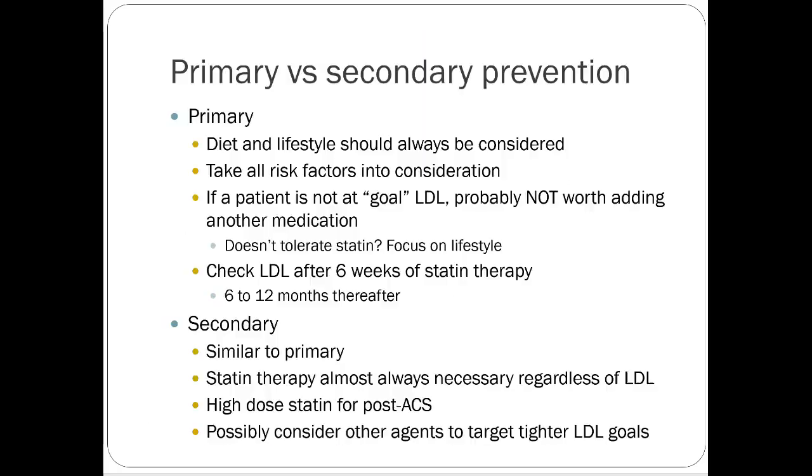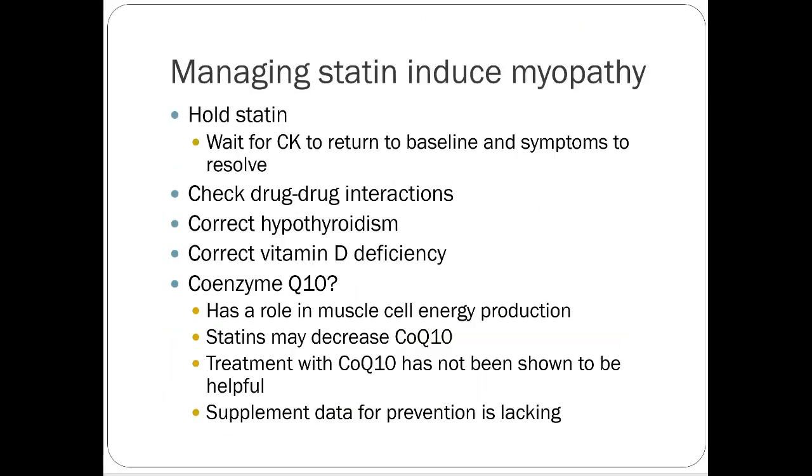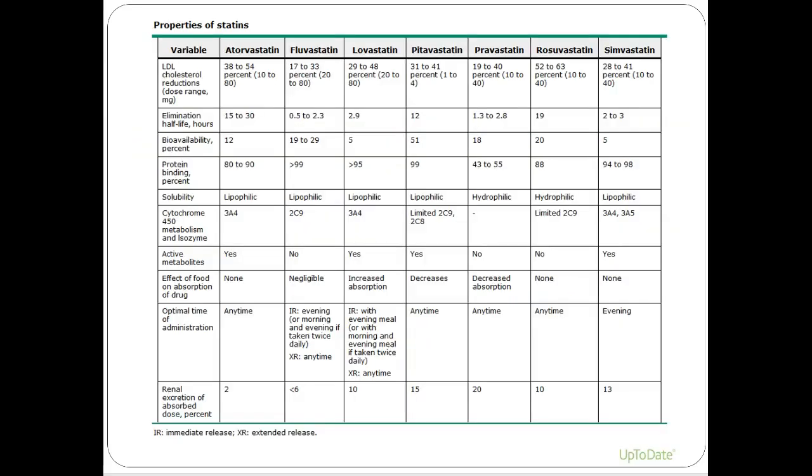I don't think I really went through this, but I'll just mention it quickly because I think I forgot. One drug that has some utility that I glossed over is pravastatin. One of the things that's interesting about pravastatin is it has no active metabolites, and it doesn't get metabolized by the cytochrome P450 system.